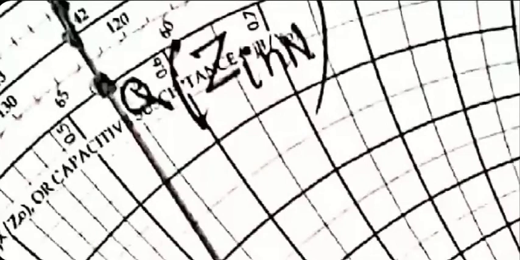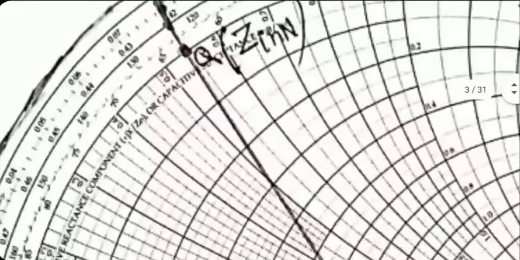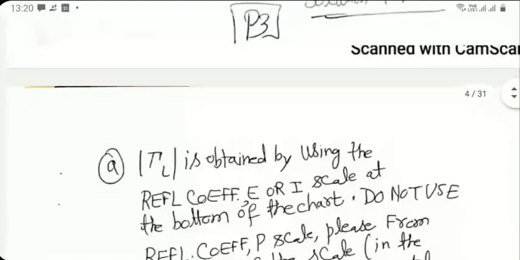You try to approximate as best as you can. It's a graphical technique, you know. You cannot be super accurate, but you try your best. So I think around 0.54 something is the normalized value of the input reactance. Let me see what I wrote. It's all written here anyway. You can read it all.